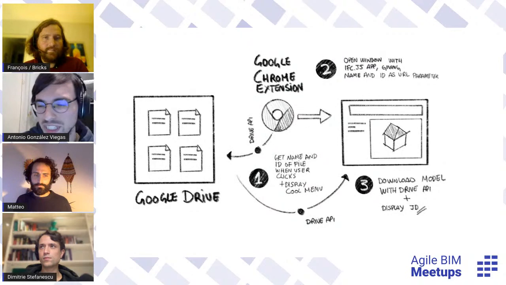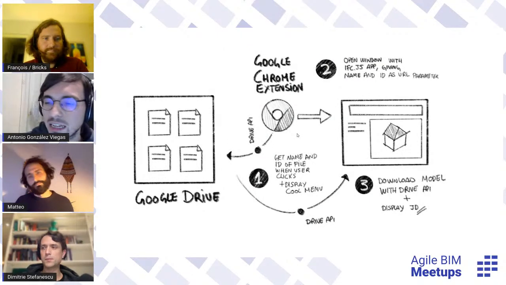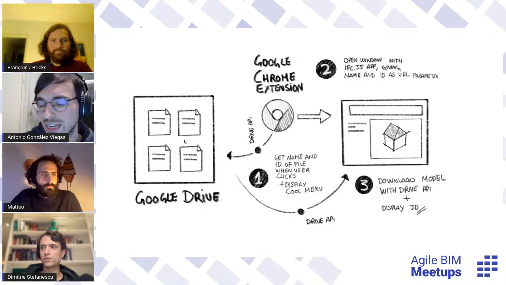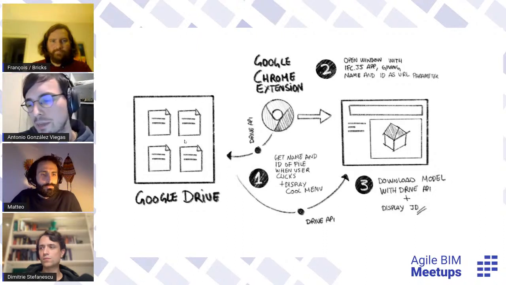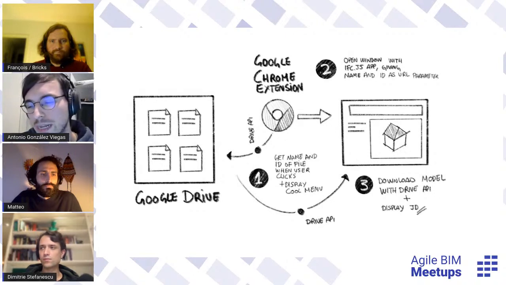In the tutorial, you will see this diagram in which we explain how that was done. It's, again, simply a Google Chrome extension that creates an HTML button in Google Drive, so that when the user clicks on that button, it opens a BIM viewer as another application in another tab. And using Google Drive API, we download the data of the model, and we are able to display it in 3D, right? And we would be able to display multiple models.